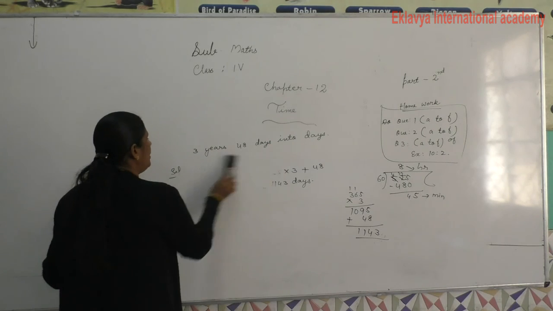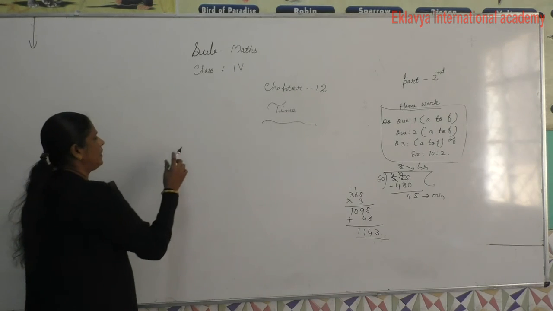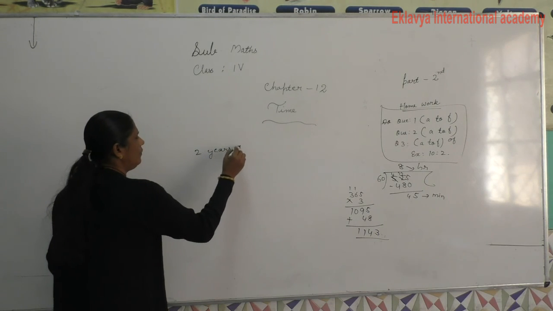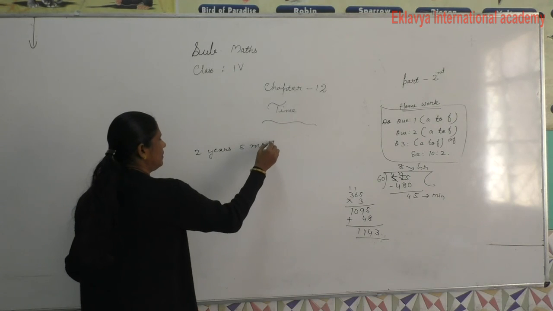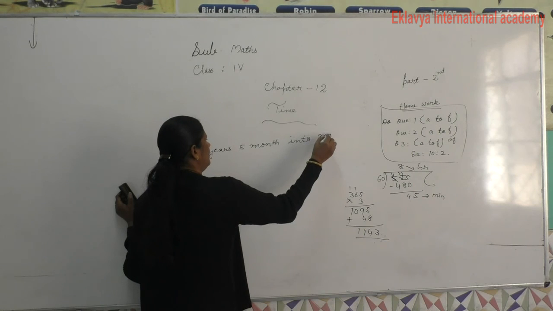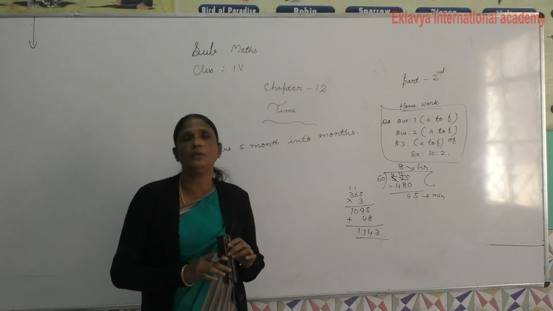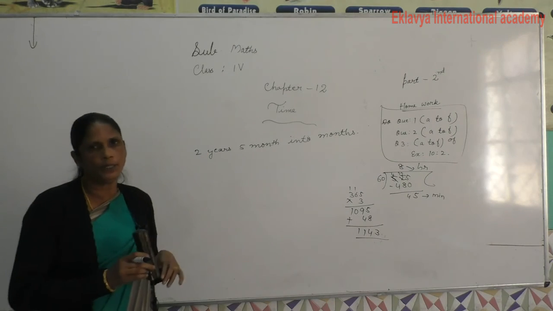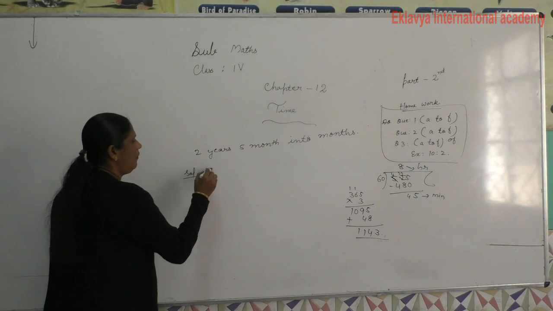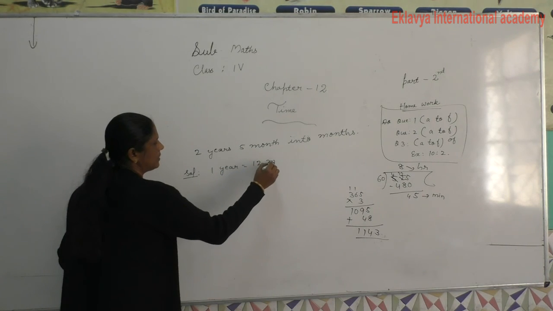Then next, years into months. 2 years 5 months into months. 1 year is equal to how many months? 12 months. We multiply by 12. Solution: 1 year is equal to 12 months.